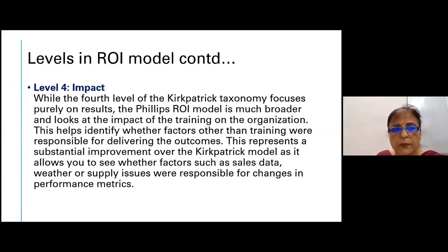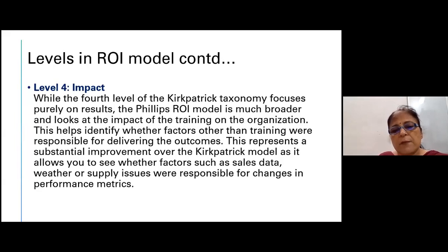So now the fourth level is called the impact level in the ROI model. And this is actually the same as the results level. Of course, there will be minor changes. While the fourth level of the Kirkpatrick model purely focuses on results, the Phillips ROI model is much broader and looks at the impact of the training on the organization.